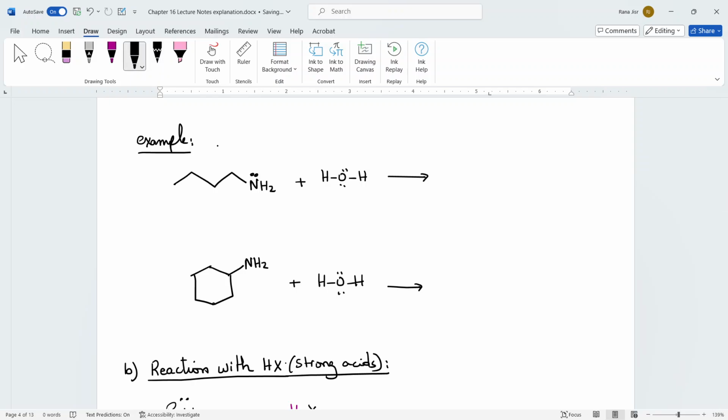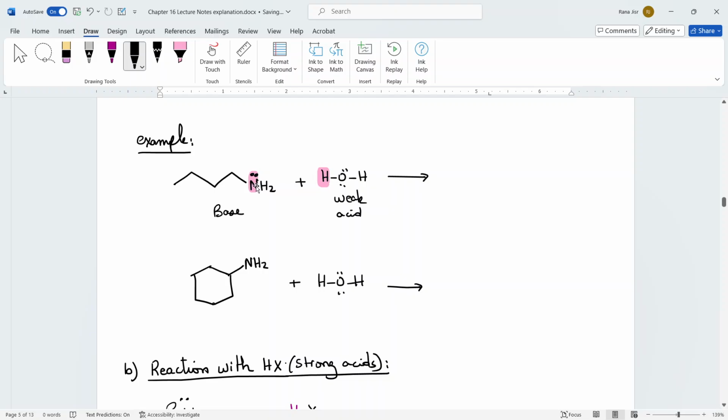So my water here is going to be a weak acid, and I'm going to choose the hydrogen of the water. The nitrogen over here is going to behave as a base. Whether it's a primary, secondary, or tertiary amine, it doesn't matter as long as you have a base reacted with the acid. Go ahead and apply the rule that bases take the acidic hydrogen.